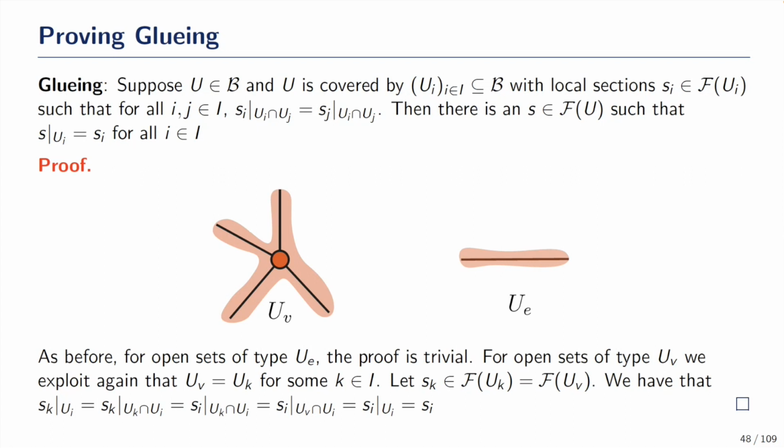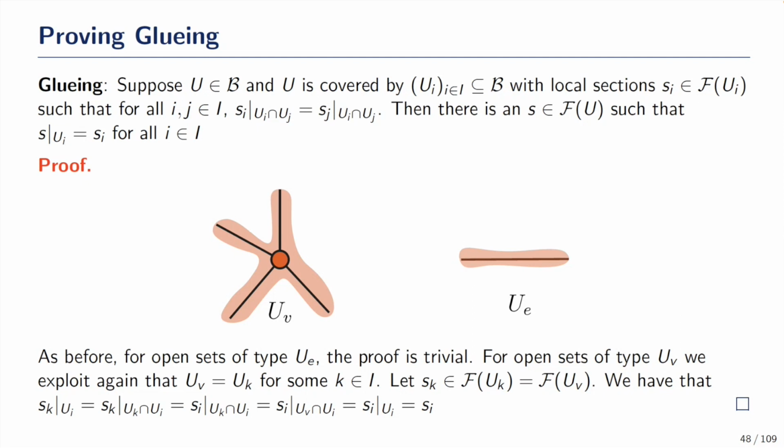First, if we restrict this to UI, we can rewrite UI as UK intersected with UI, because remember, UK is the whole thing. UI is the same as UK intersected with UI, because UI is included in UK, right? So we got that.